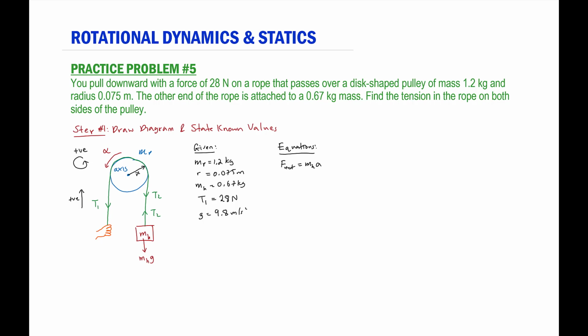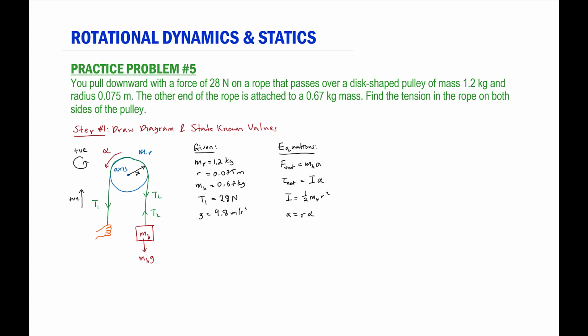We can also figure out the equation for net torque, which is I times alpha. And the key thing here is I is going to be equal to 1/2 mpr squared, because this is a solid disk. We also have our conversion equation for acceleration between the linear and the rotational world. So we have linear acceleration being equal to r times alpha.